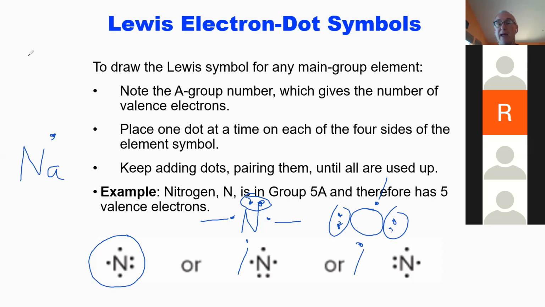So it was an easy way to see, based on the number of valence electrons an element has, how many lone pairs it's going to have and how many bonds it's going to make. Like carbon, 1, 2, 3, 4. It doesn't have any lone pairs and makes 4 bonds. So it's an easy way to remember how that worked.